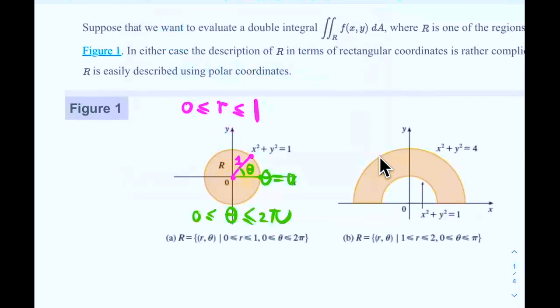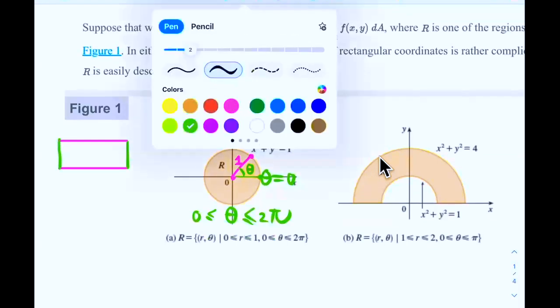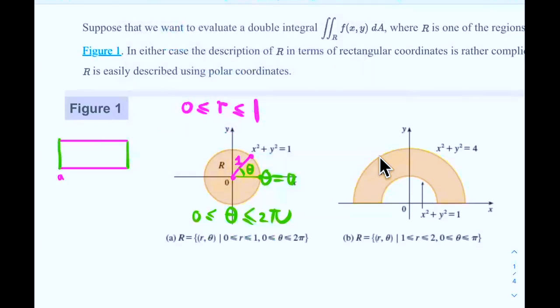Remember in the past we had rectangles, where x goes from a to b and y goes from c to d. This one here is actually a circular rectangle, you can think about it that way: r goes from 0 to 1, theta goes from 0 to 2 pi.